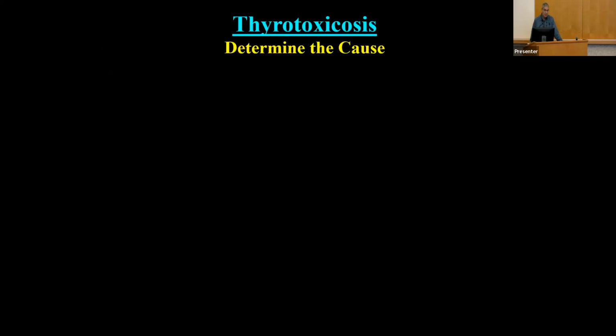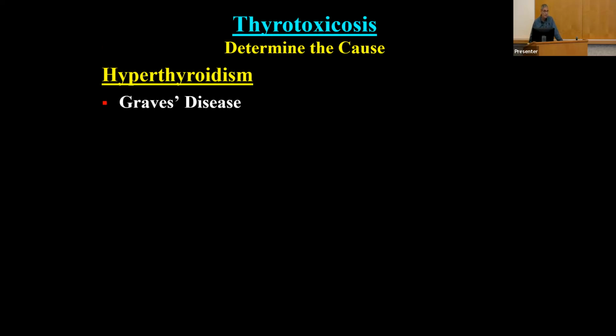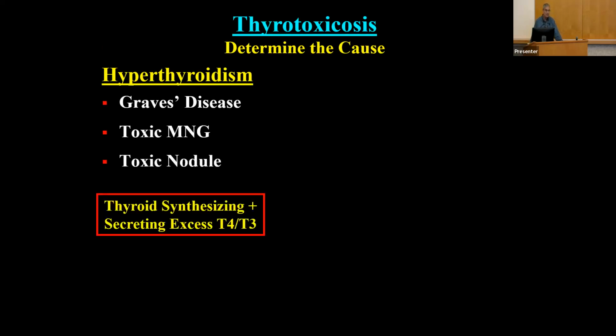So after determining the severity, your next goal is to determine the cause. Hyperthyroidism actually is a specific term within the subgroup thyrotoxicosis. It refers to Graves' disease, toxic multinodular goiter, or toxic nodules. These are all disorders where the thyroid gland is taking up iodine, is making thyroid hormone, and is secreting too much thyroid hormone.